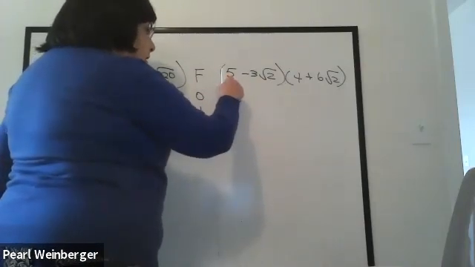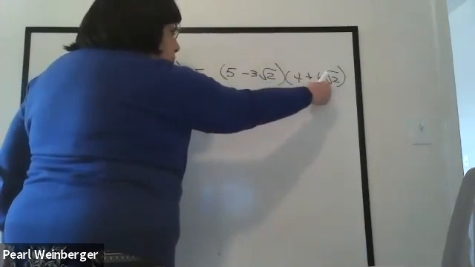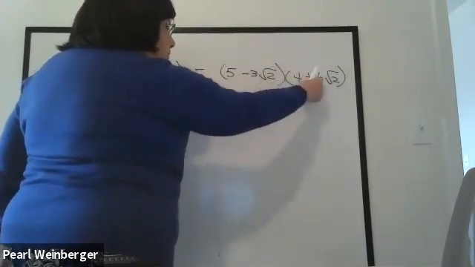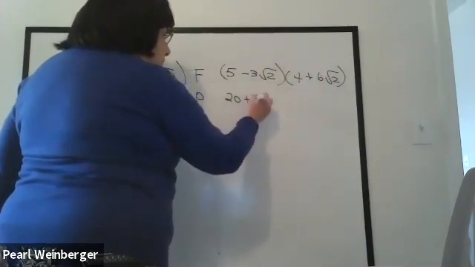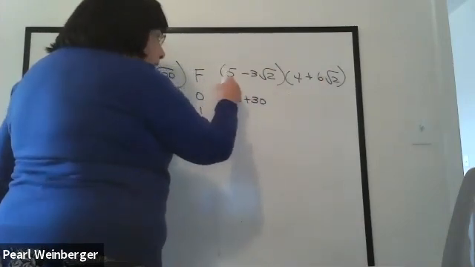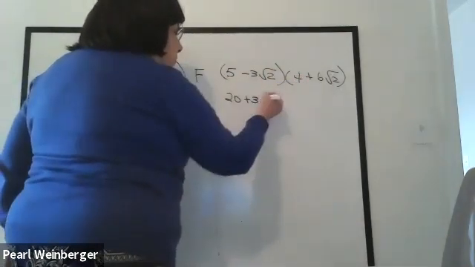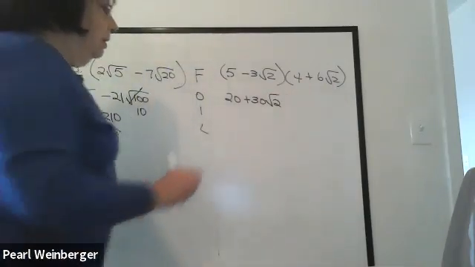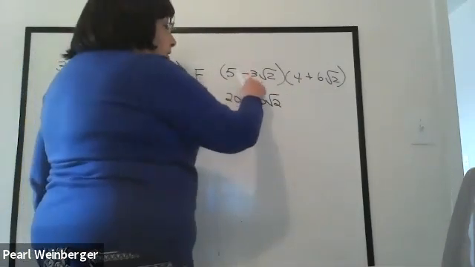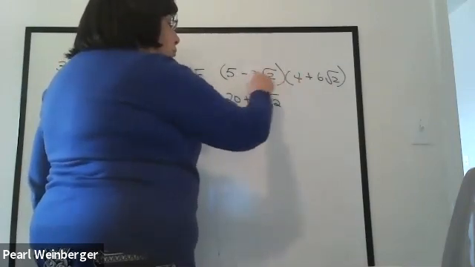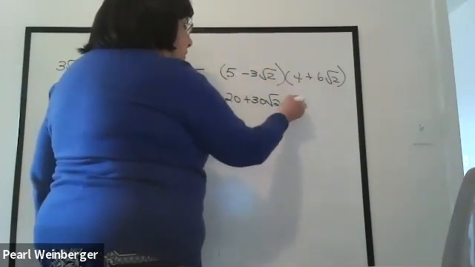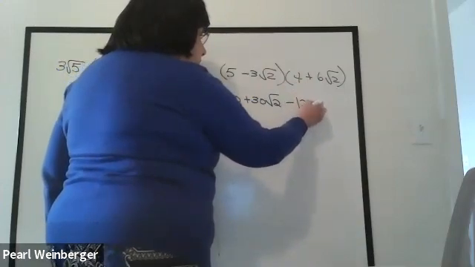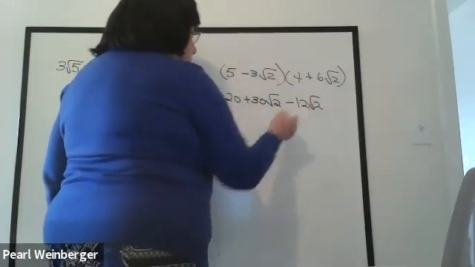That would be the 5 times the 6 radical 2. So the 5 I can multiply by the 6. That'll give me 30 because they're both outside radicals. There's nothing to multiply the radical 2 by, so I'll just bring it down. Then I do inner. The negative 3 radical 2 times the 4. So the negative 3 times the 4 gives me negative 12 radical 2.